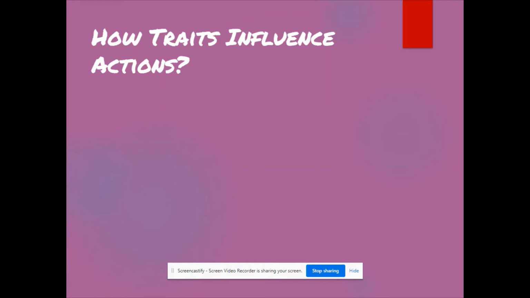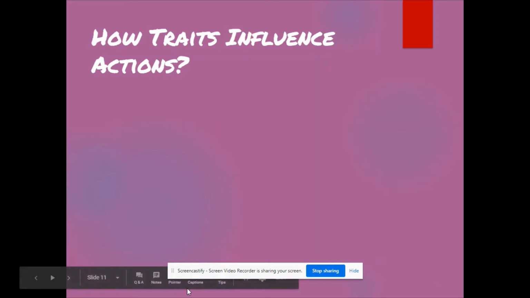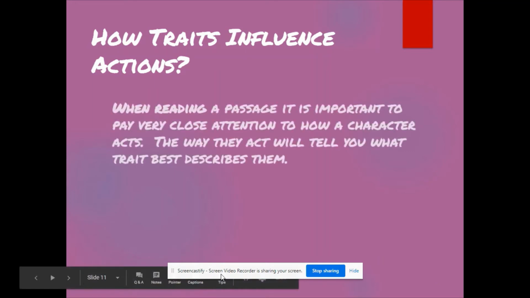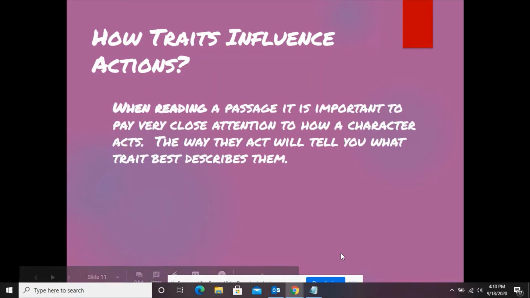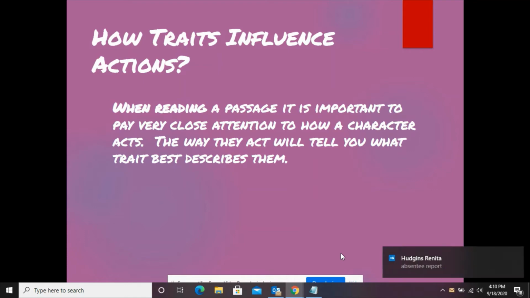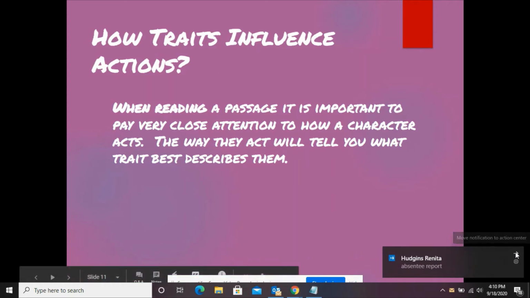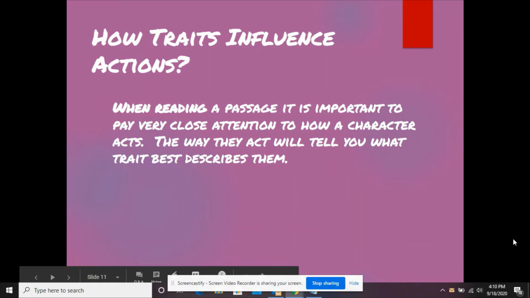Next, we are going to look at how character traits influence the character's actions. Something that we just need to remember is that the way a character acts is the way that we are going to describe them. So a person that does not want to work, that is dragging their feet, that is falling asleep all the time, that person we can probably describe as a lazy person, right?